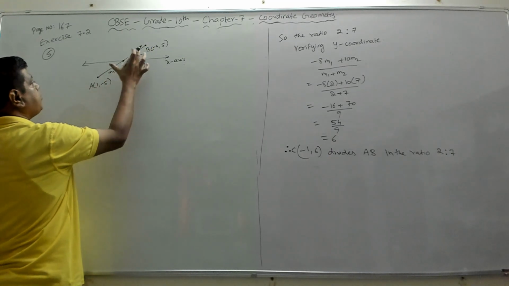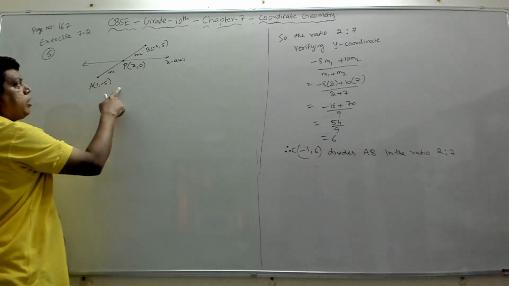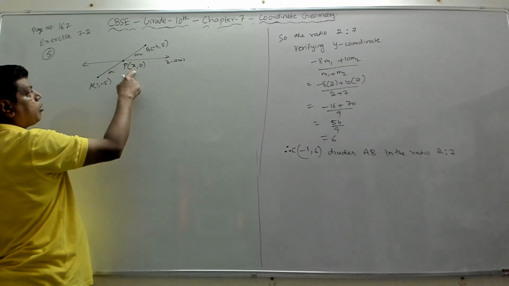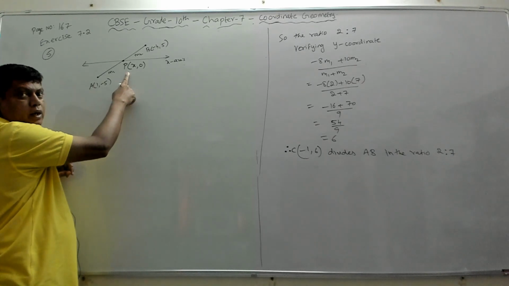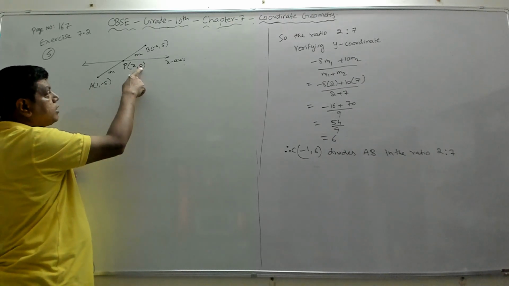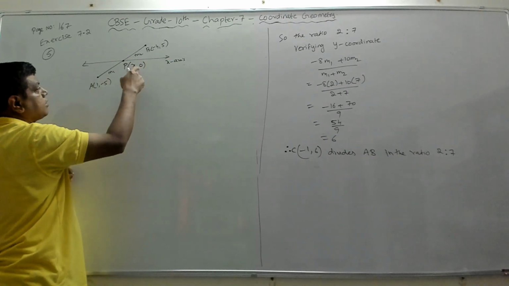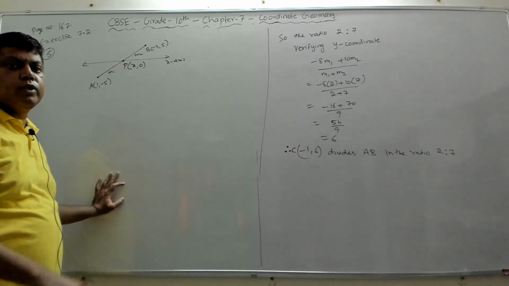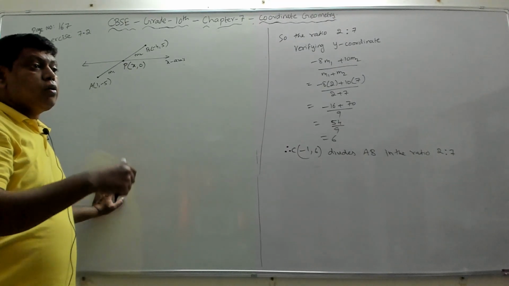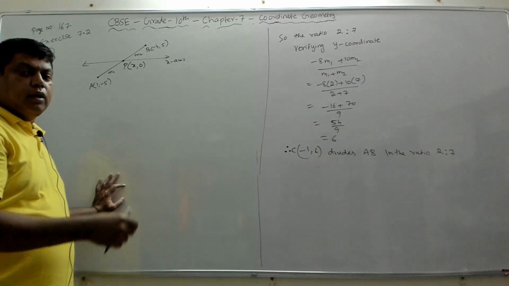We need to find AP by BP, which we take as m1 to m2. We should find the m1, m2 ratio, and then also the point of intersection, point P. We can find P if we find x. We need not find y because y is 0. Any point that lies on the x-axis has y coordinate 0. That's why we say y equal to 0 is the equation of the x-axis, because every point you take on the x-axis has y coordinate 0.